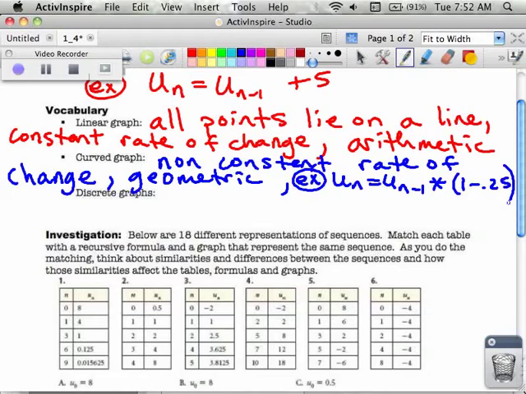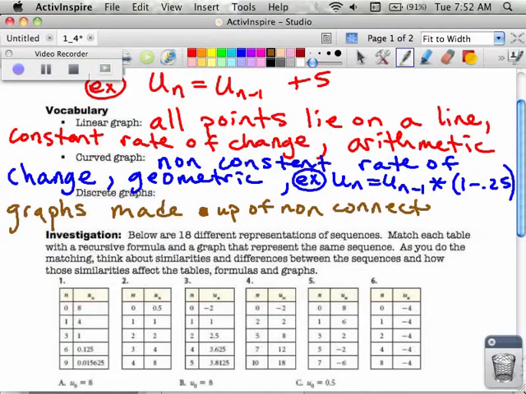And then the last part in here, this thing that says discrete graphs. These are graphs made up of non-connected points.